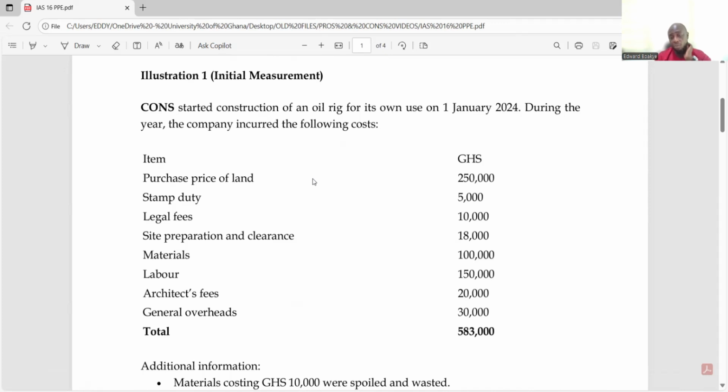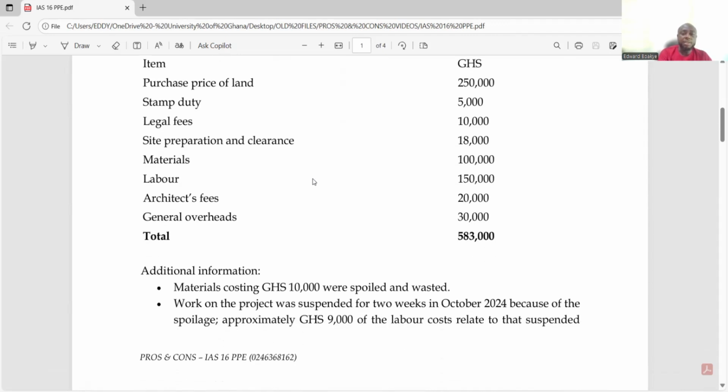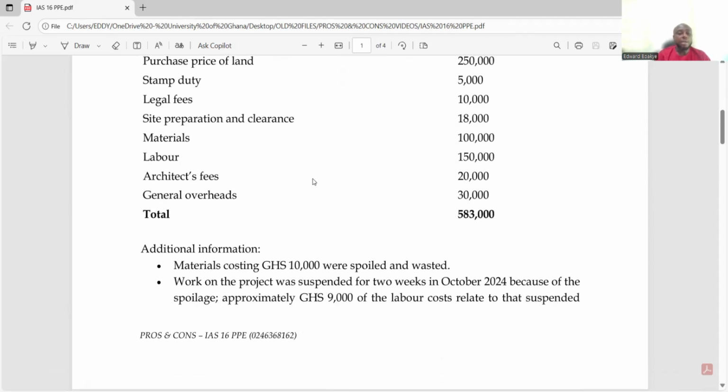These are general overheads. When we talk about general overheads, we don't add it to the initial cost, because with the asset or without the asset, general overheads in an organization will still happen. Right? So we do not add general overheads to the initial cost of a PPE. So that will not be here. Additional information is that materials costing 10,000 were spoiled and wasted.